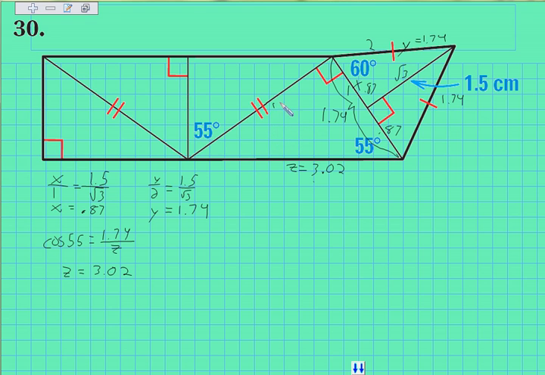I'm going to call this side W. So I can say that the sine of 55, of course that's opposite over hypotenuse, is equal to W over 3.02. And when I do that, I see that W is equal to 2.47.